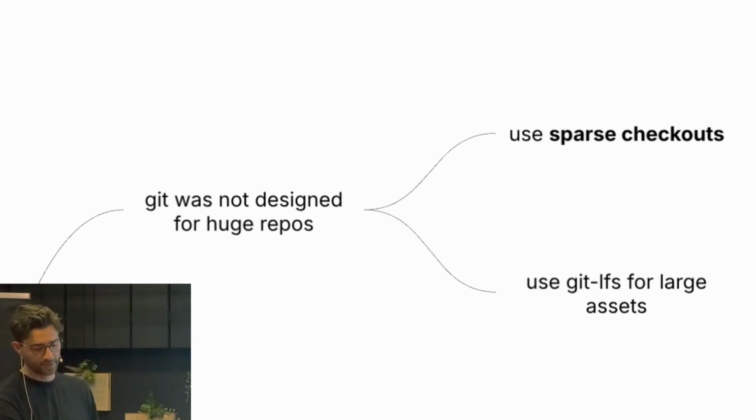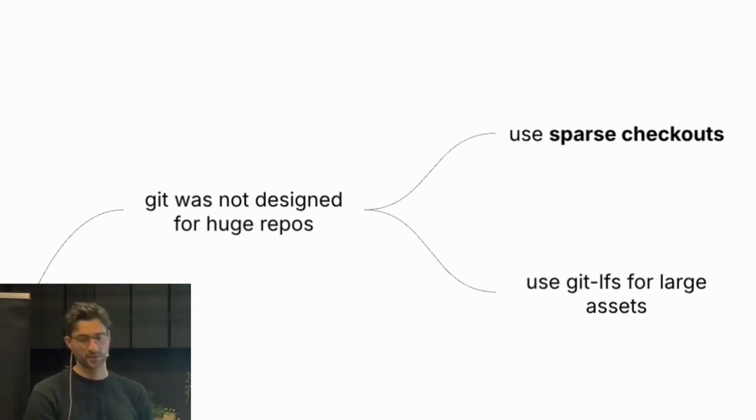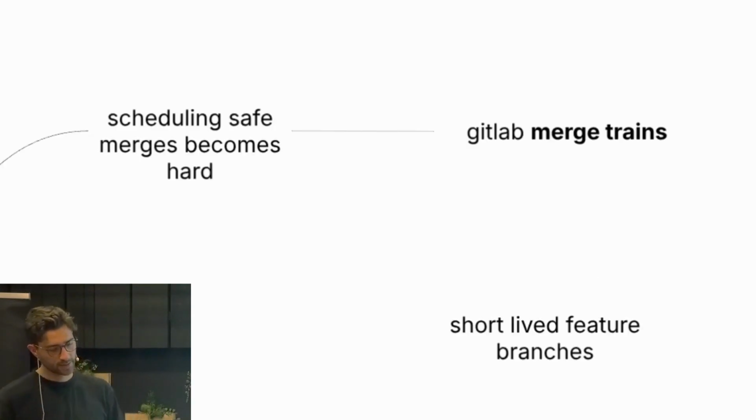We use Git LFS for large file assets. And to save our skin when merging a lot of merge requests together, which can cause a lot of trouble with race conditions, we use GitLab merge trains. Basically, once a lot of developers put things in the queue to be merged, it schedules the queue in a way that guarantees that your main branch is going to be green and not fail because a race condition might cause something conflicting to be merged.